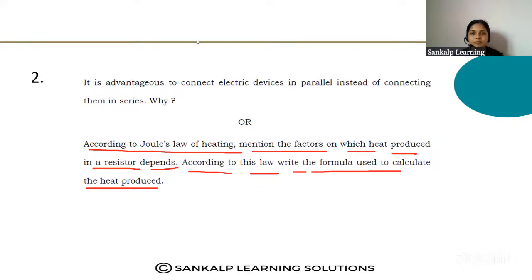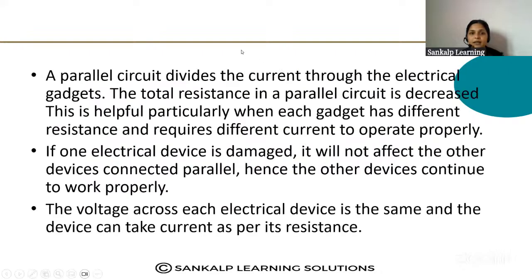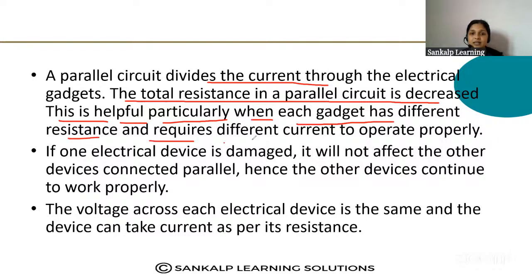Let us start with the first question. A parallel circuit divides the current through the electric gadgets, and the total resistance in a parallel circuit is decreased. This is helpful particularly when each gadget has a different resistance and requires a different current to operate properly.